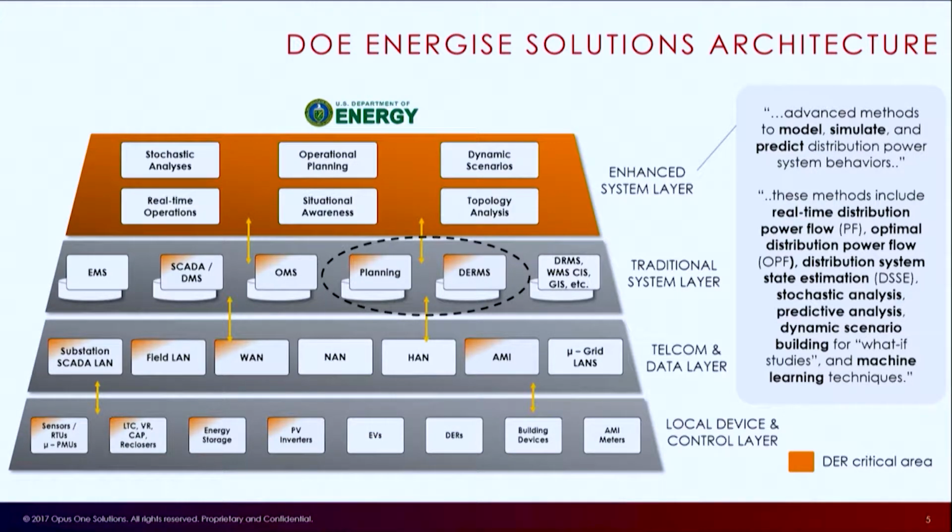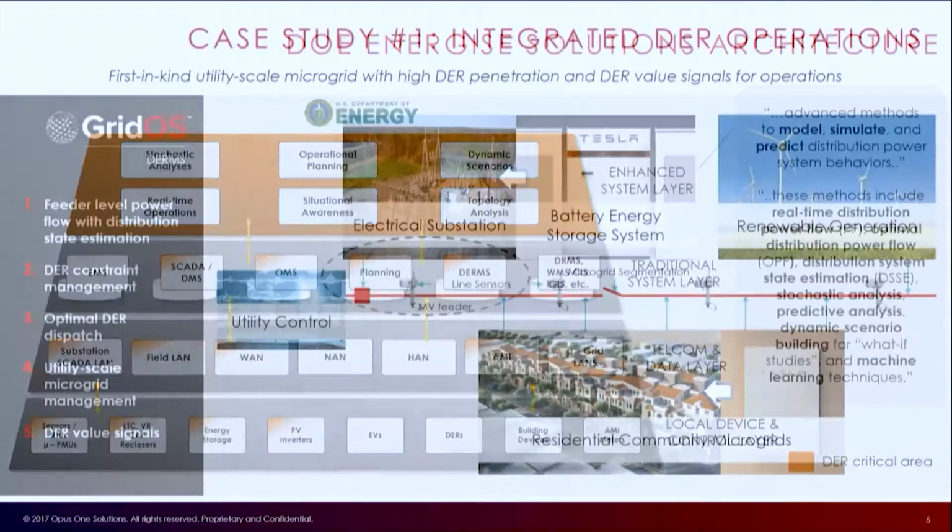The definitions here are really around advanced methods to model, simulate, and predict power system behaviors: power flow, optimal power flow, state estimation, all the technical terms that are really required to open up the full stacked values of DERs.